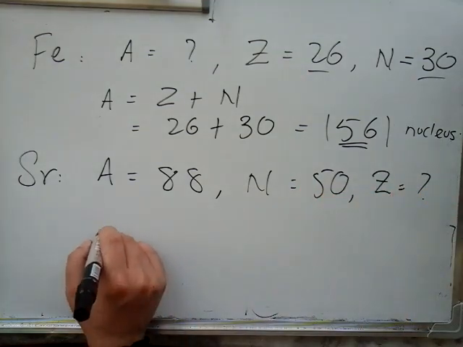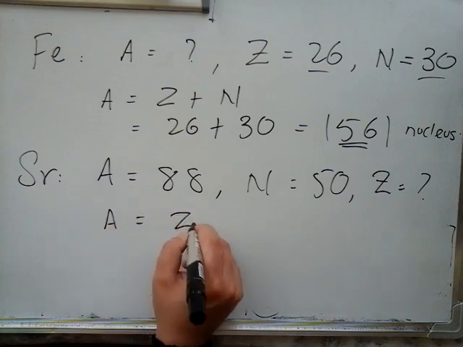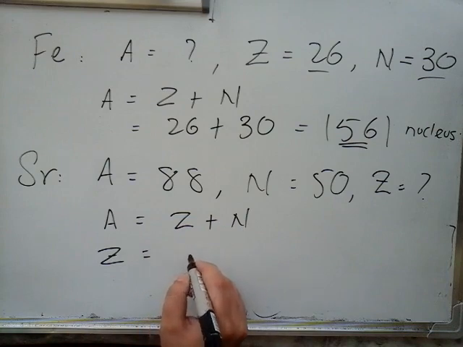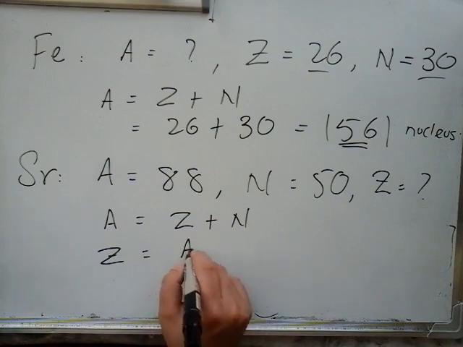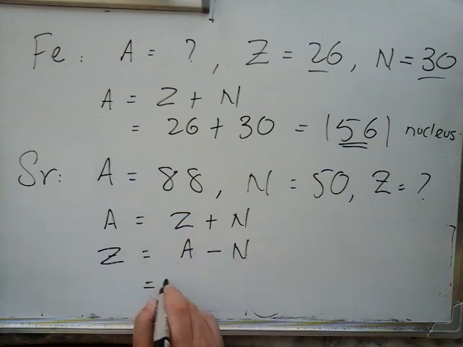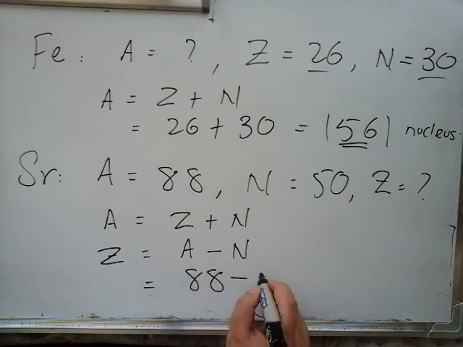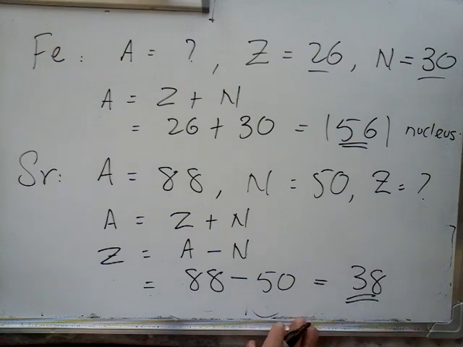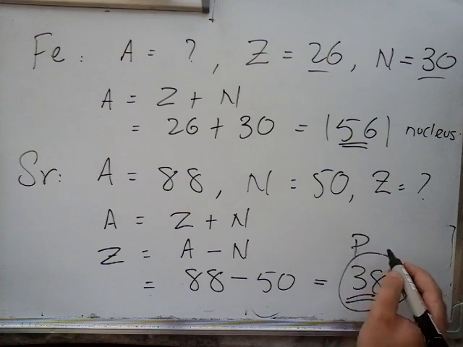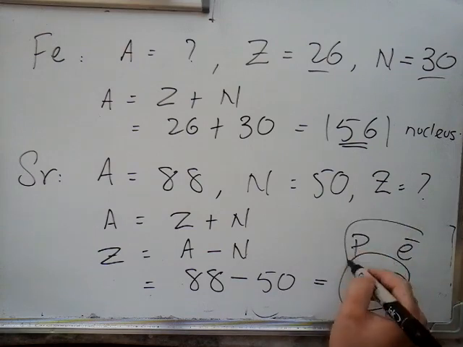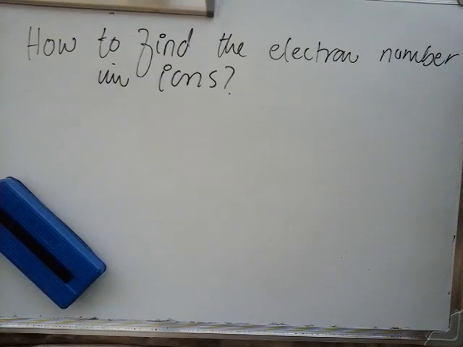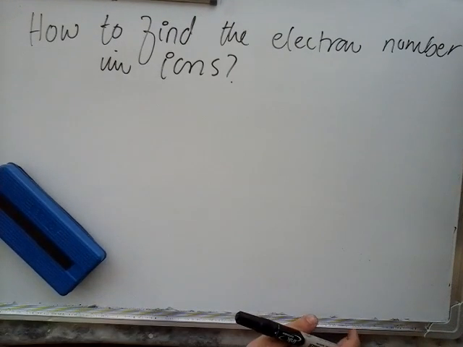We know that A is equal to atomic number plus neutron number, so Z comes out to be mass number minus neutron number. So here 88 minus 50, the atomic number of strontium would be 38. Okay, so 38 is the proton number, or the electron number, or simply we can say it is the atomic number.